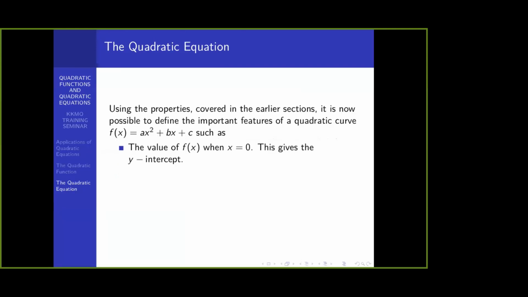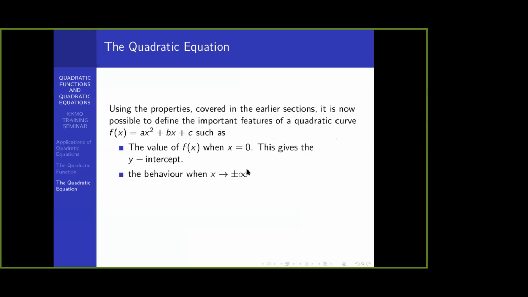We'll work with that. So using the properties covered in the earlier section, we can now look at some important features of the curve. We can find the y-intercept easily, and we have also checked what happens when x becomes large and negative or large and positive, depending on the value of a.